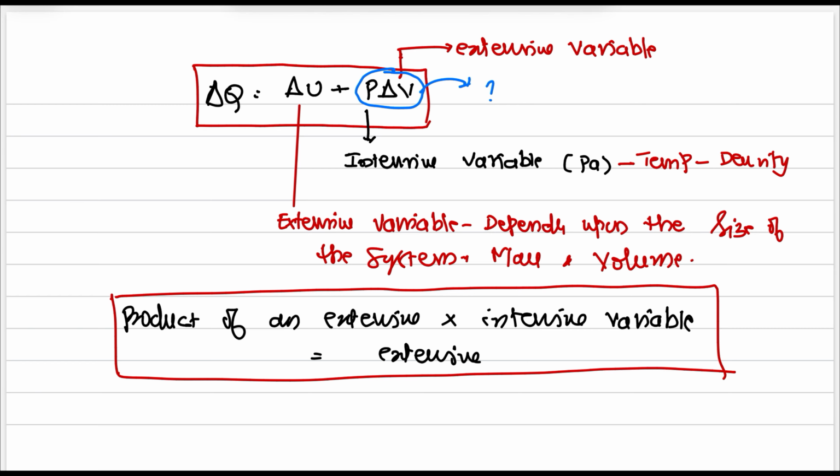That means change in heat is equal to change in internal energy plus work done on the system, work done on the fluid, either gas, liquid, vapor or a mixture.